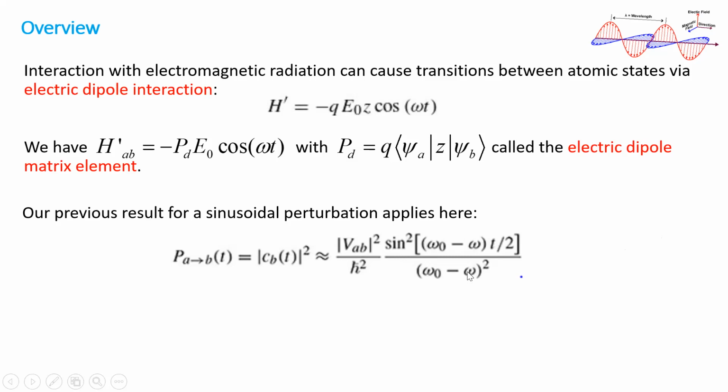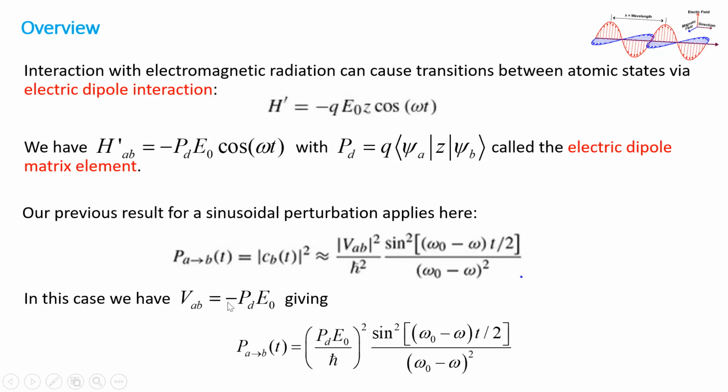And the closer we get the driving frequency of the electromagnetic wave omega to the characteristic frequency of the transition, omega naught, the smaller this denominator will be, and the larger the peak of the probability will be.